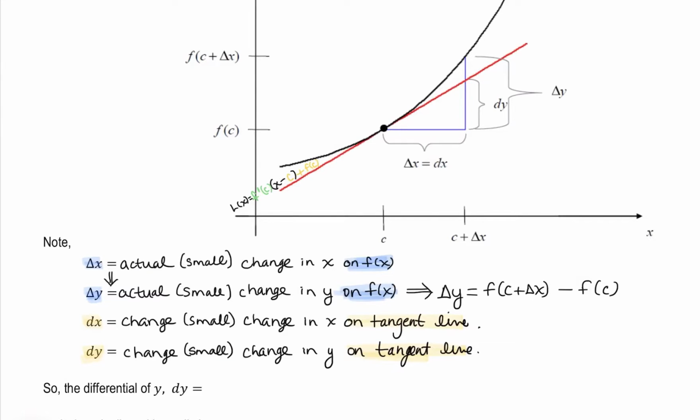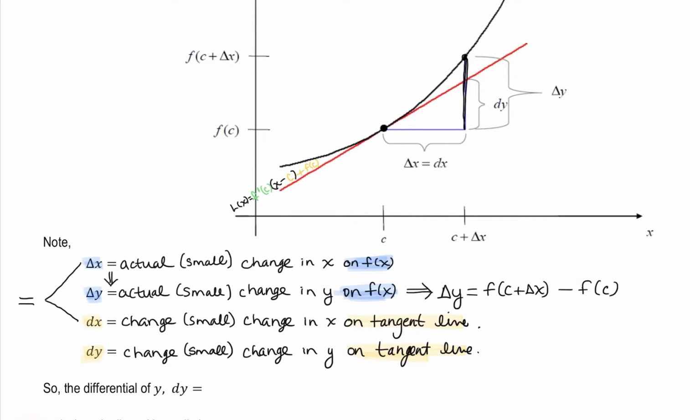Something else we want to note, and on this picture we can see, is that delta x and dx are exactly the same. So delta x and dx are identical; those two are equal. Now looking back at the picture, see visually the difference. Your delta y is the actual change in y on the function, the difference between here and here.